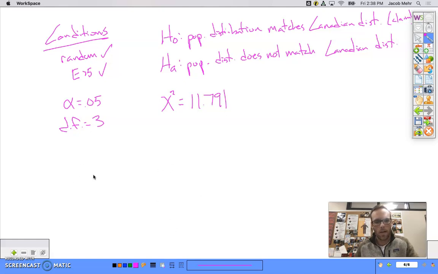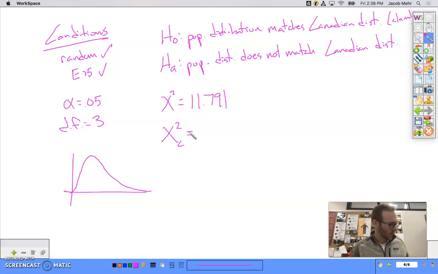All right, so now it's time for my distribution. I did look on that last video. I said I couldn't remember how the book does it. I think the book uses a 0 there because it's assuming that the null hypothesis is true. That's why they use the 0. If you want to stay consistent and use the critical, I'm fine with that too. I got to get my book open here.